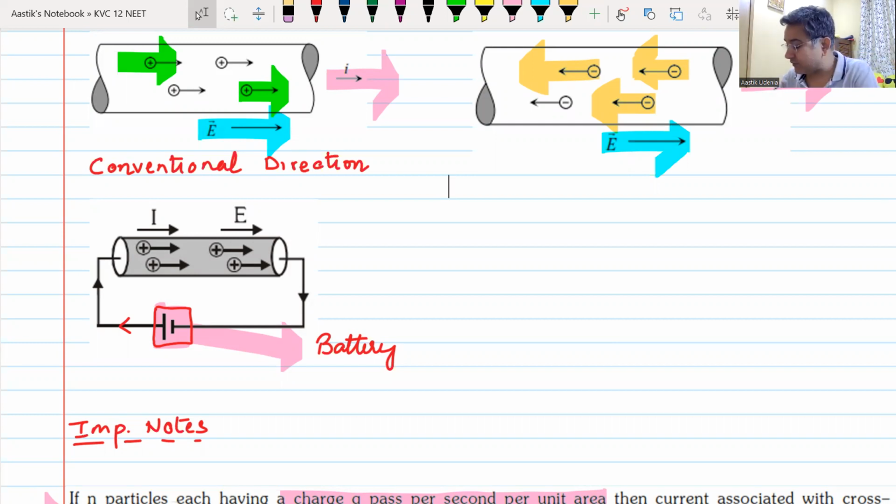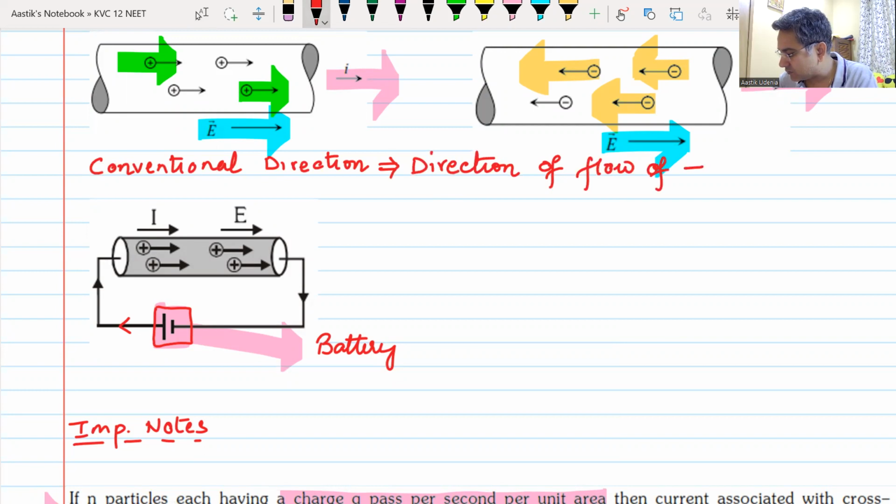The conventional direction of current is nothing but the direction of flow of positive charges. Please write it, you tend to forget. This is the direction of flow of positive charges, and this is also opposite to the direction of flow of negative charges.